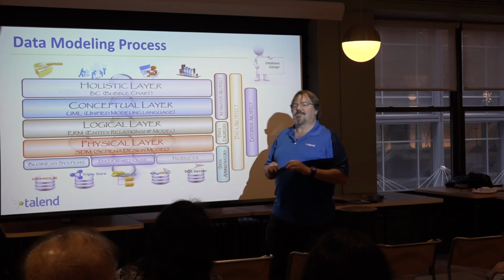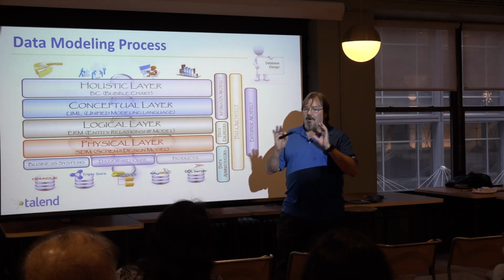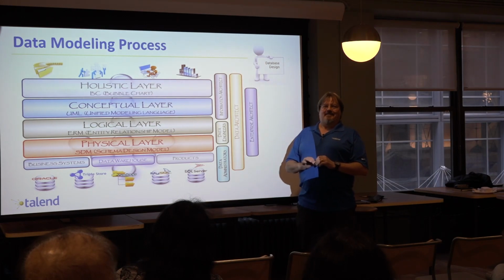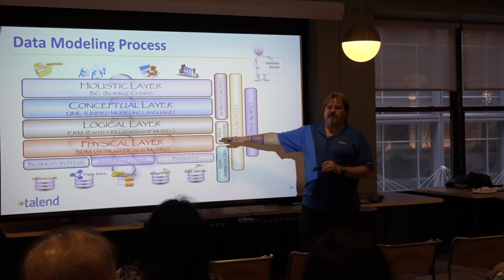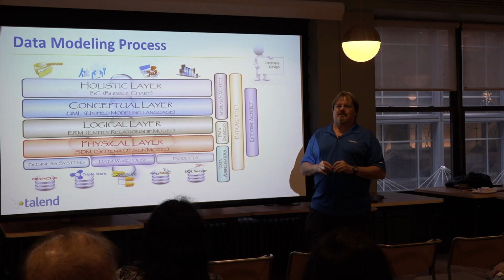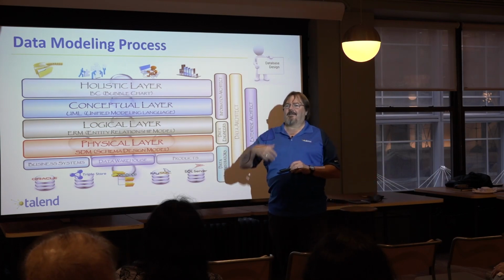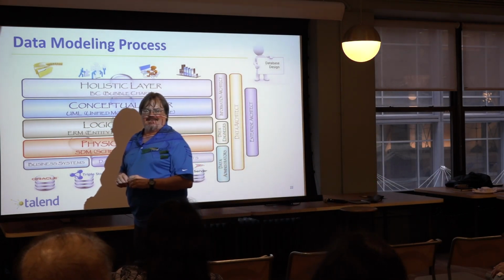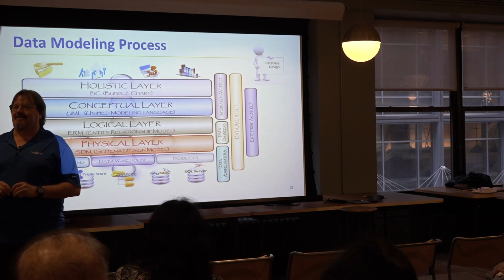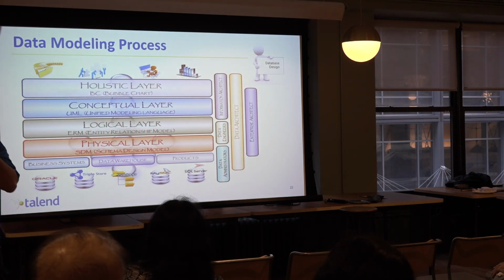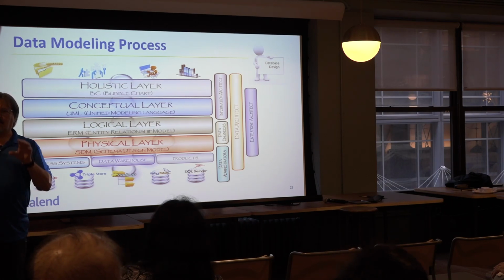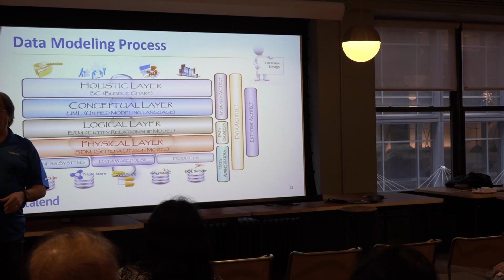So it's not business friendly. It's programmer friendly, but it's not business friendly. What about the physical layer? Who wants to tell me what that is? Come on, from the back. That includes the physical storage and things like that. The tables, the indexes, the columns, the keys, all the physical features stored on disk. How's the data stored on disk?